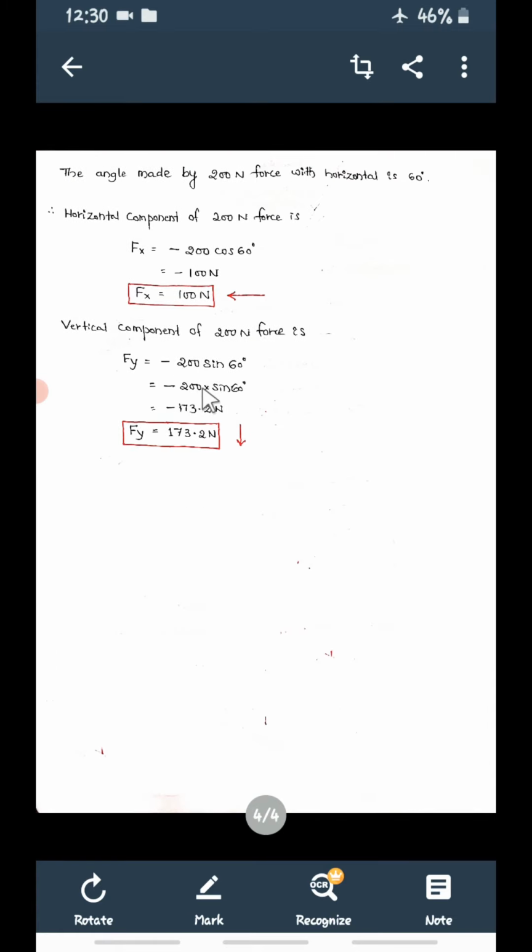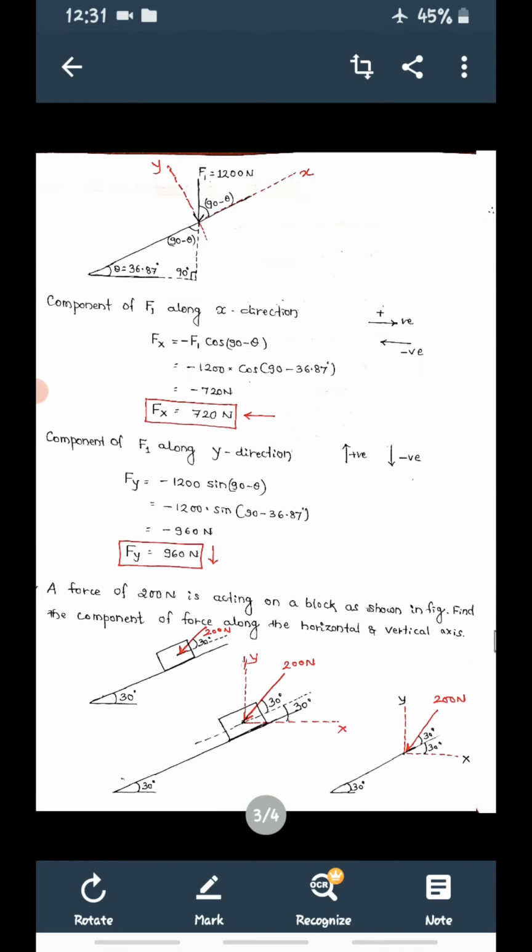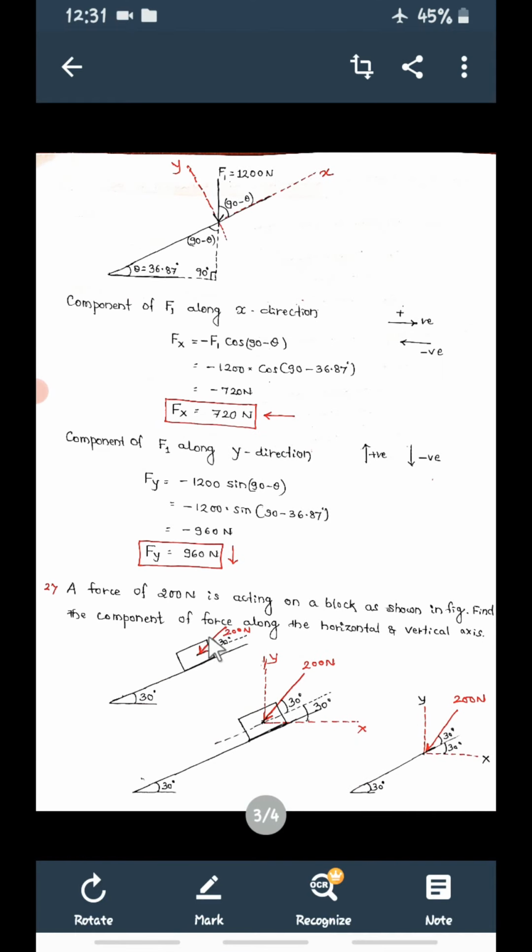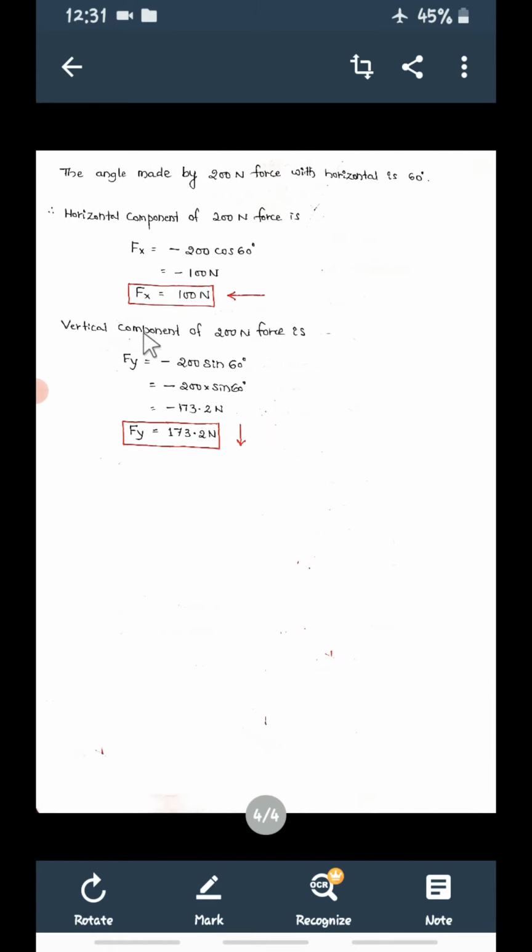So minus 200 sin 60 is 173.2 Newton. Therefore Fy is equal to, removing the minus sign, 173.2 Newton. For vertical, minus means downward. So these are the components of this 200 Newton force along horizontal and vertical: Fx is 100 Newton and Fy is 173.2 Newton.